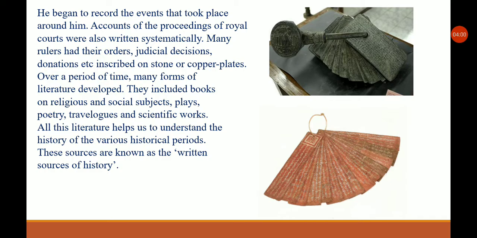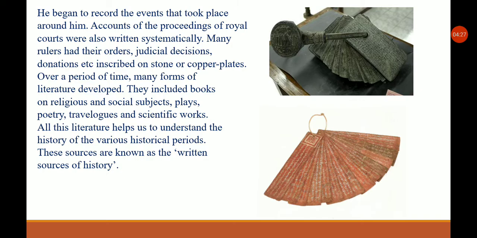Accounts of the proceedings of royal courts were also written systematically. Many rulers had their orders, judicial decisions, donations, etc., inscribed on stone or copper plates. You can see the picture of copper plates. Over a period of time, many forms of literature developed.